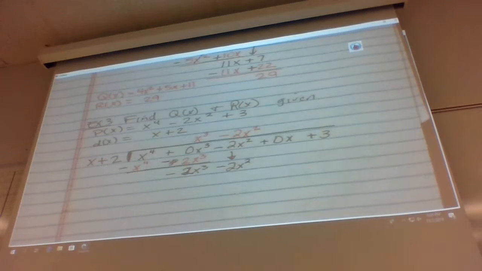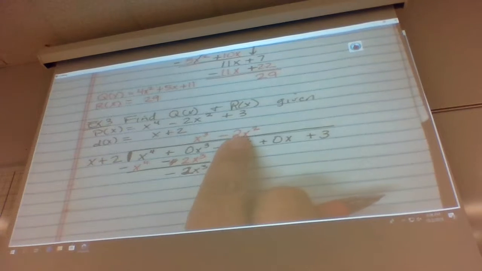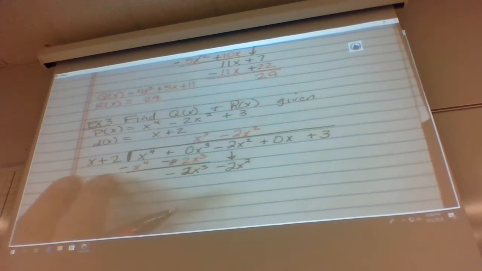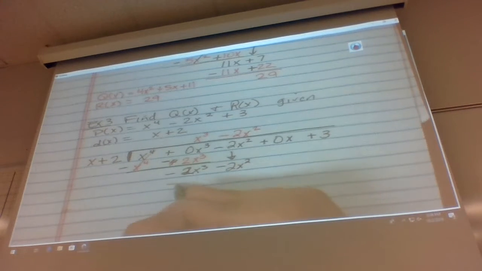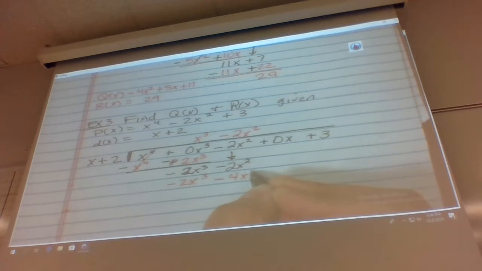Take that negative 2x squared and multiply both of those terms by it. Negative 2 times 2, that's negative 4.